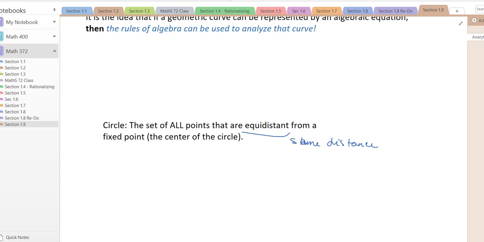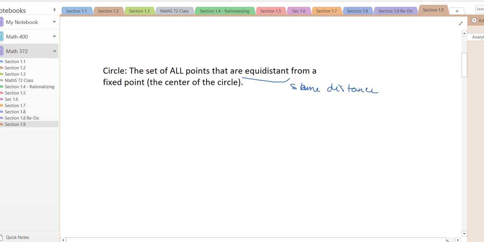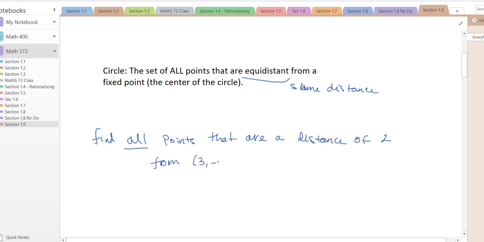So for example, say we wanted to find the set of all points that are a distance of 2 from the point 3, negative 1.